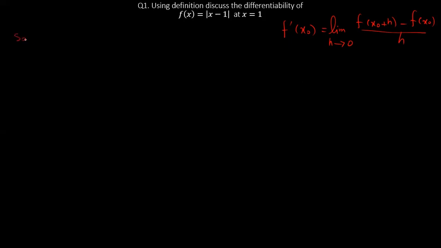So let's start the solution. When we want to calculate f dash of 1, it will be the limit as h approaches 0, and now we'll replace x naught with 1, so it will be the absolute value of 1 plus h, minus the absolute value of 1, which is 1 minus 1, divided by h.